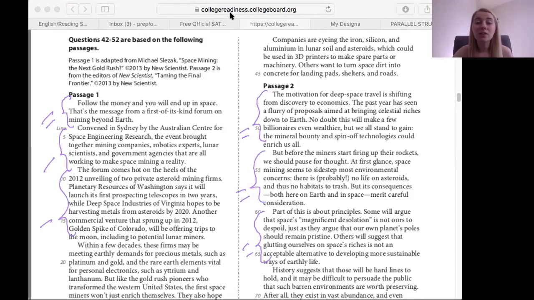Now, what a lot of people tend to do is highlight the passage. Do not do that. Highlighting the passage is a passive way of annotation. And passive basically just means that you're running through the motions without actually putting it in your head and understanding what you're reading. So what happens is when people just highlight, they say, oh, I think that's important.